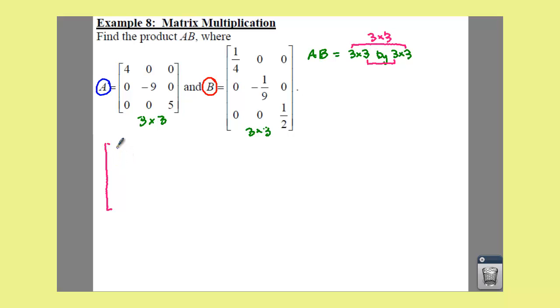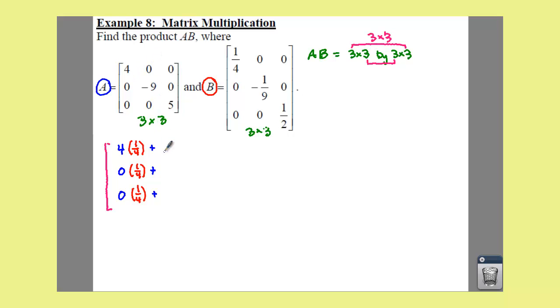So we're going to take our first column of A, 0, 0, and we're going to multiply it by each element in your first row. So we're going to take that times 1/4. We have to multiply your 0 by a 1/4, and this 0 by a 1/4. And then we have to add that to the other elements as we go across here.